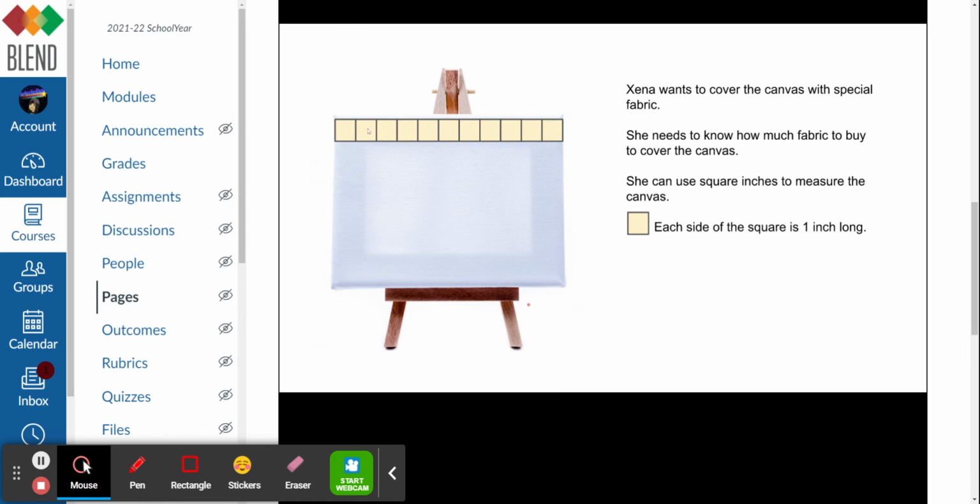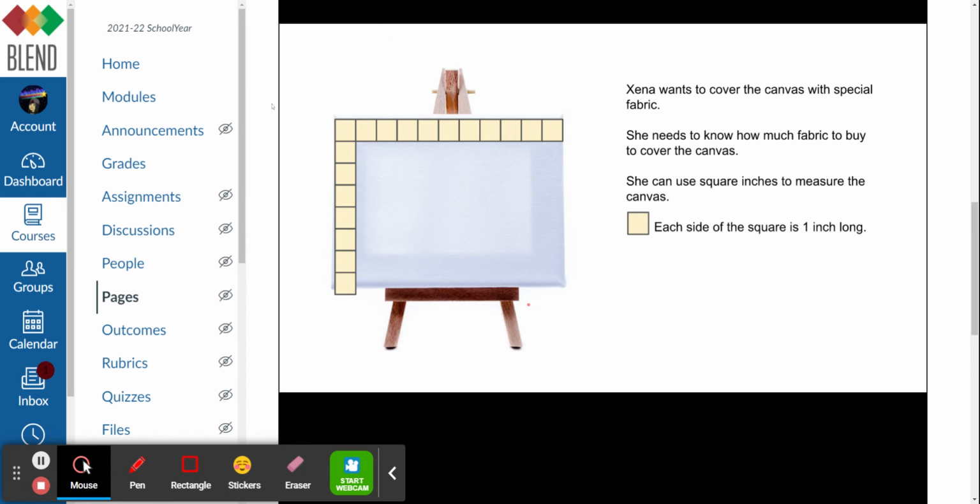All right, so we have 1, 2, 3, 4, 5, 6, 7, 8, 9, 10, 11 squares by 1, 2, 3, 4, 5, 6, 7, 8 squares. And as you can see, we did count that one for both. That was 1 when we're counting to 11 and 1 when we're counting to 8.